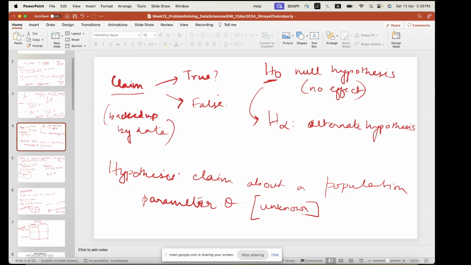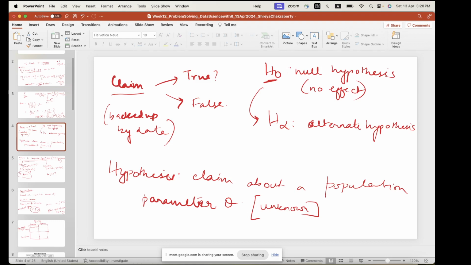Our decision has to be backed up by data. H naught denotes the null hypothesis, which claims that there is a null effect or no difference between previous and current states.